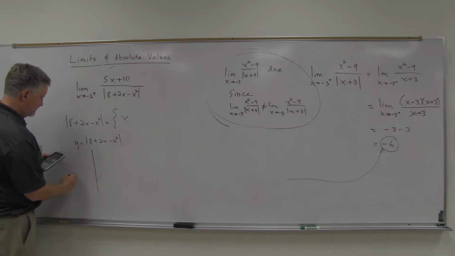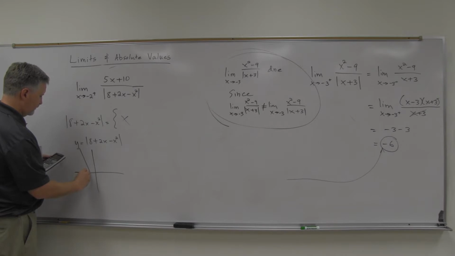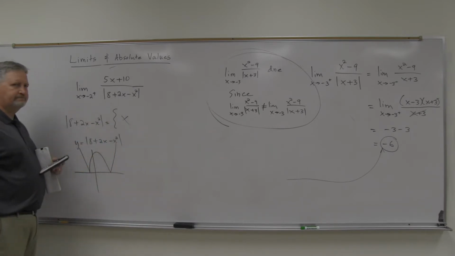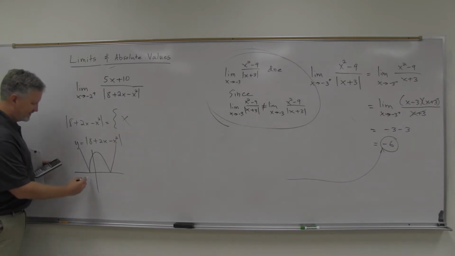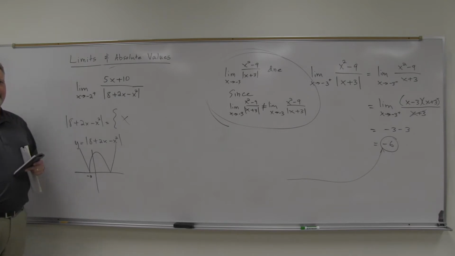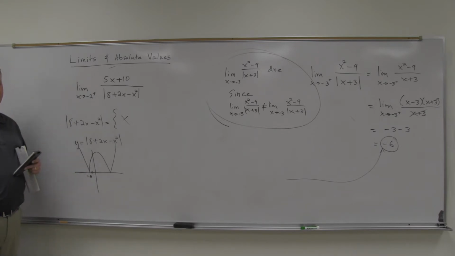Kind of a W shape, isn't it? Here's what I'm seeing. Well, guess what? We're right at one of the corners there at negative 2. So I'm looking at negative 2 from the right, so coming from this side.